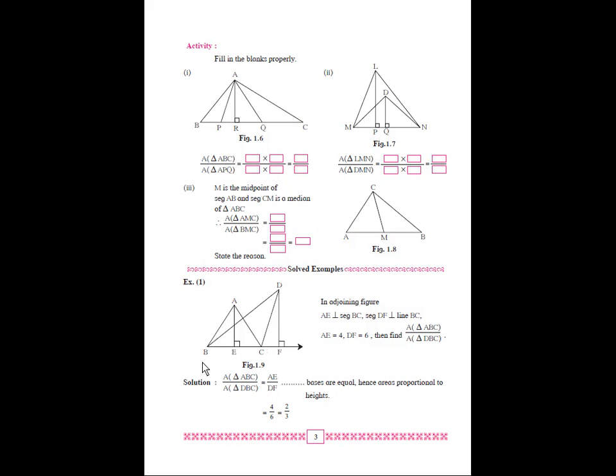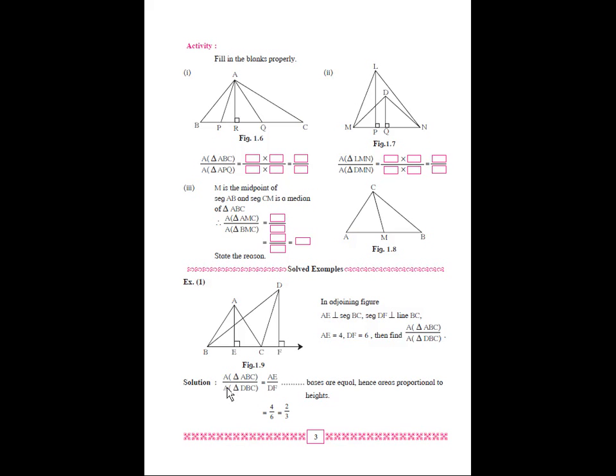One more thing: their bases are equal. As you see, the base is equal and the heights are different, and from the property, when the bases are equal and heights are different, we find the ratio by using the heights, that is, the area is proportional to the height. So area of triangle ABC divided by area of triangle DBC.